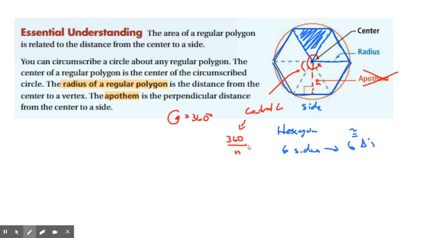That'll get you your central angle, and that will be useful if we have to use trigonometry to find some things. Okay. But again, the long story short is find the area of one of those triangles and then multiply it by the number of triangles to get the area of the polygon.